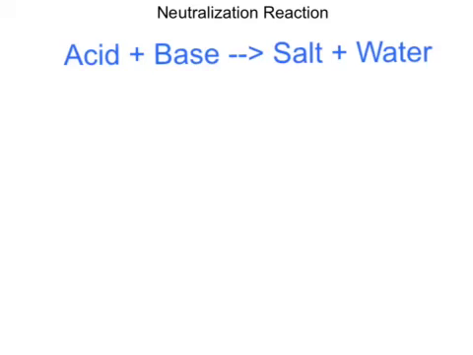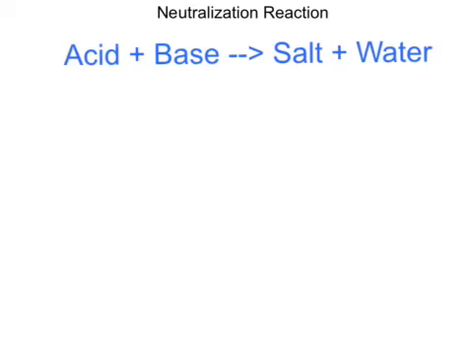The result of an acid-base reaction is neutralization, or the formation of a salt and water. By definition, a salt is an ionic compound that's the product of a neutralization reaction.